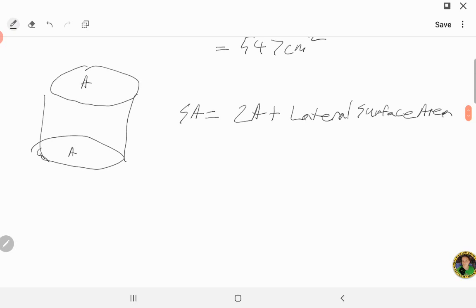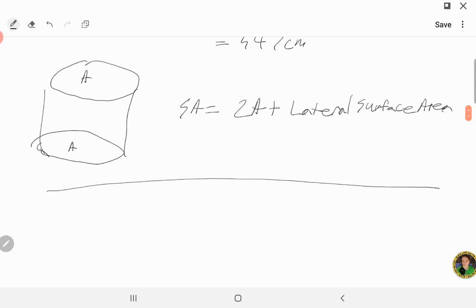So one thing we have to be a little bit careful of is we notice that geometry and trigonometry are very strict.